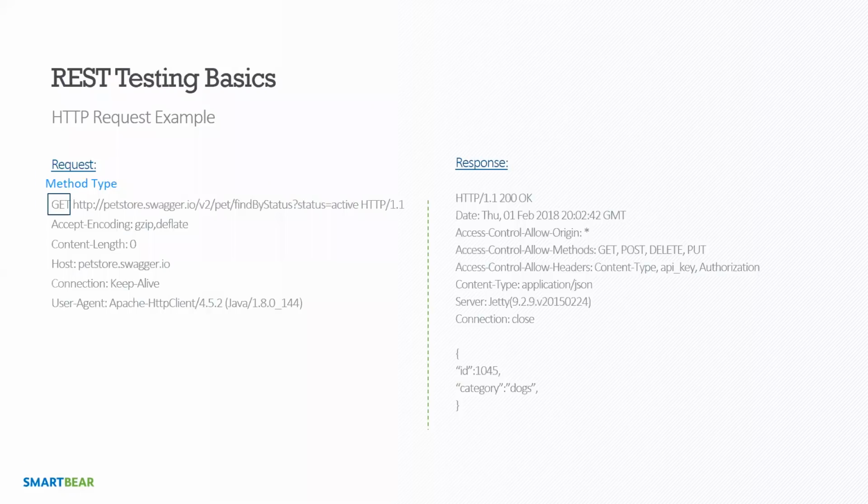In this case, the client or your browser is telling the server, I want to get a resource called pet on a version 2 API, and I want to find it by some status. I'm passing that status information as a parameter at the end of that URL, in the endpoint. So you can see that we are able to identify resources by the endpoint, and we are also able to send some information on the endpoint.